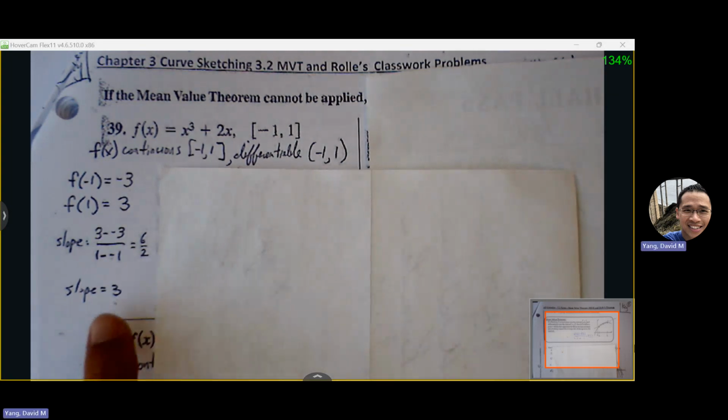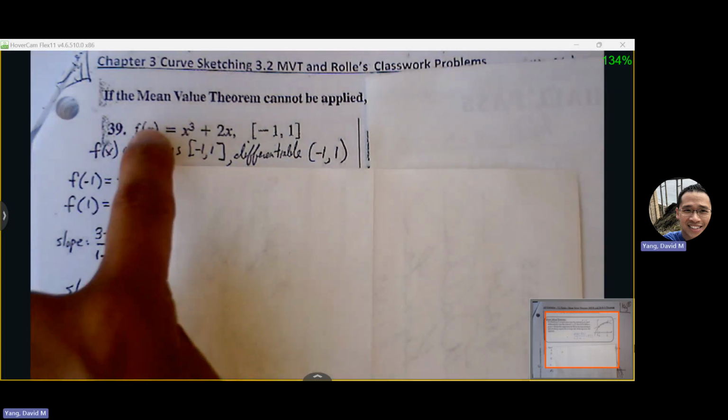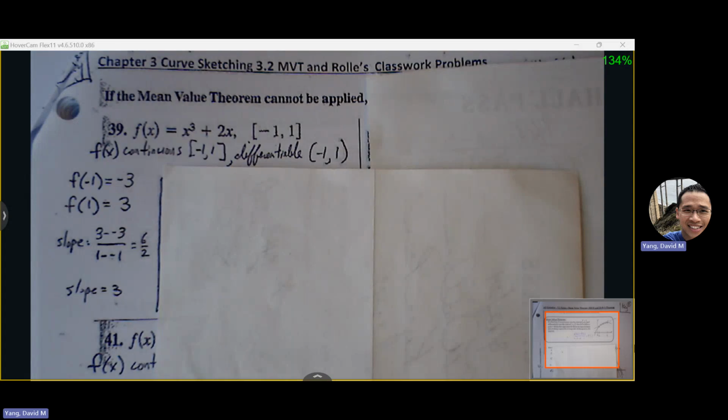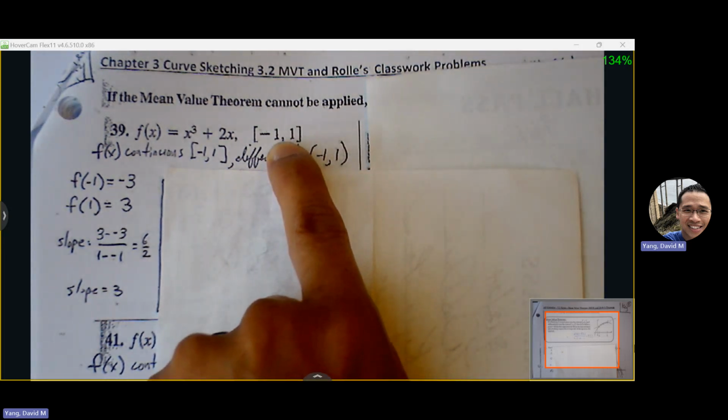So now we're trying to figure out, ask the derivative to tell us where is there a slope of 3 on this curve. So find f prime, set f prime equal to 3, and solve for x. Whatever x value we find should land safely between -1 and 1.